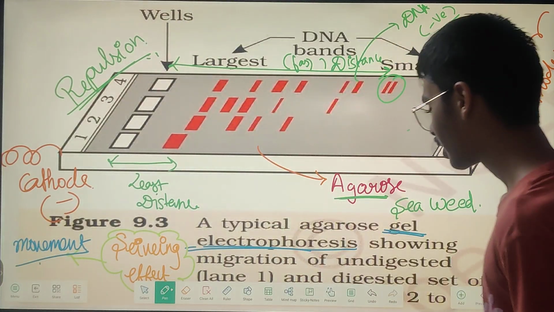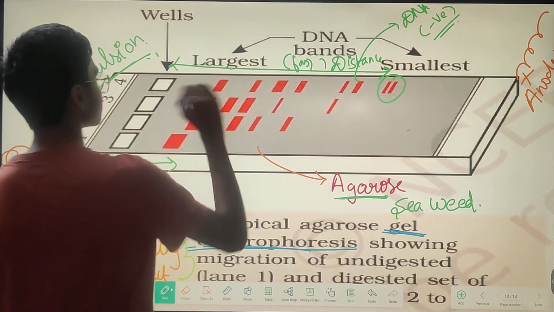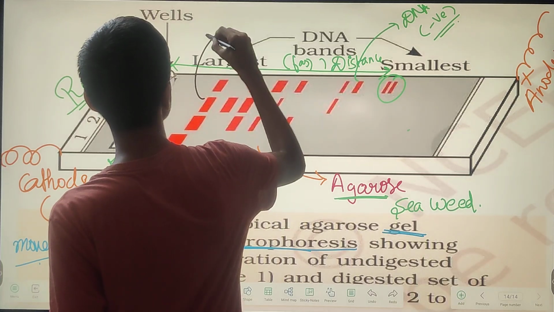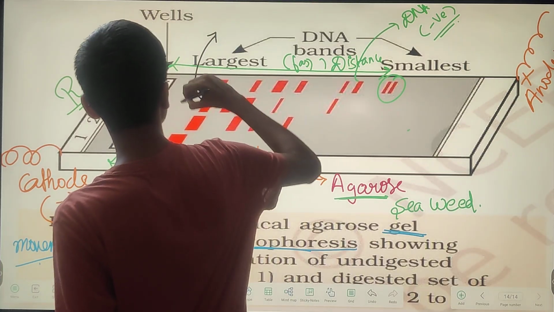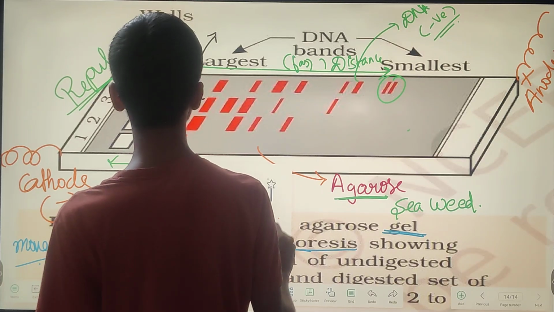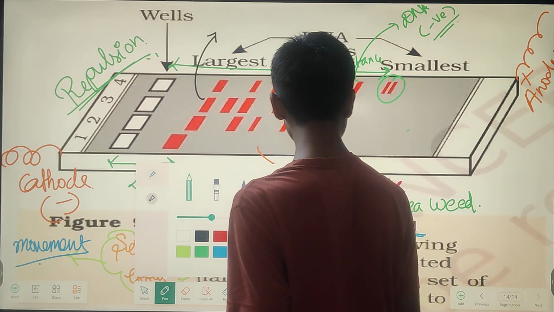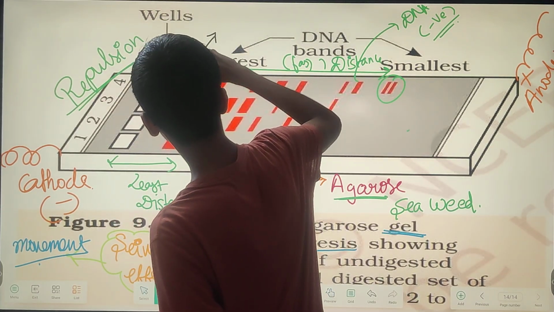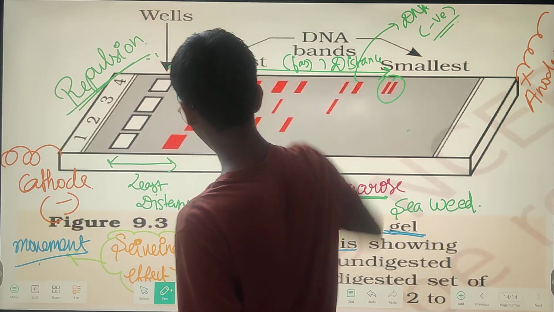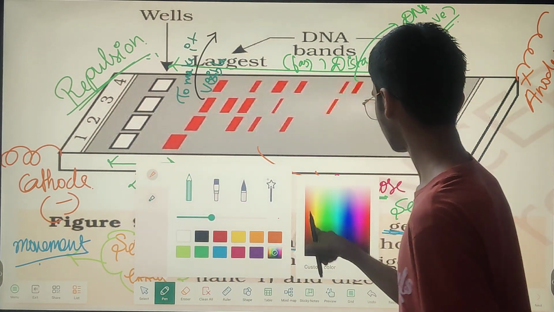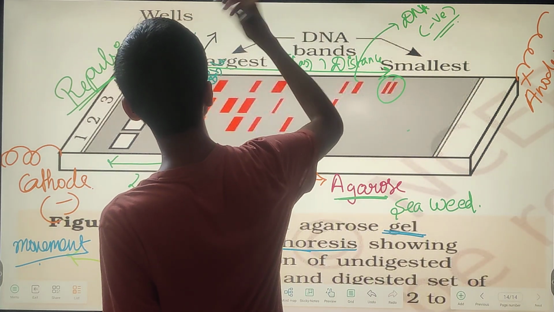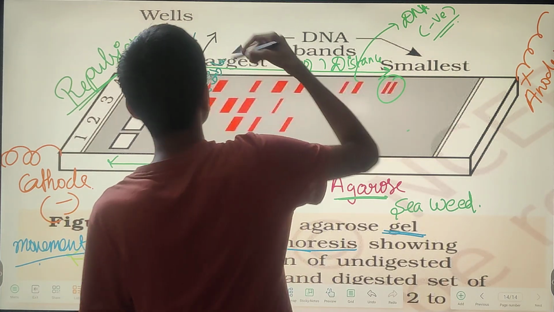Then see one thing, this DNA is not visible at all. To make it visible, we will add a particular substance called ethidium bromide.